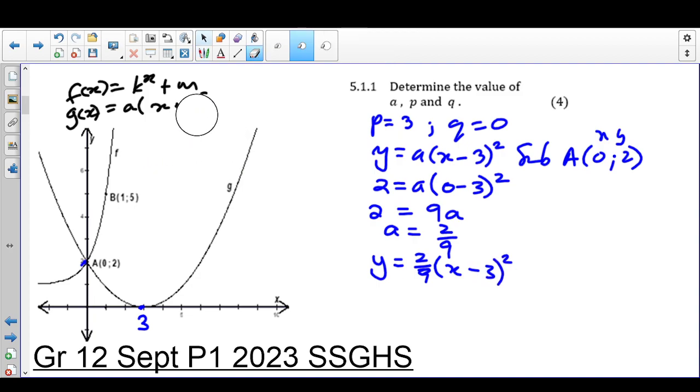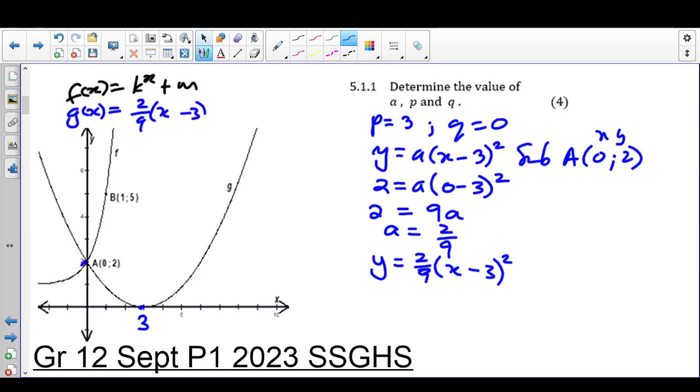I'm going to replace g of x with that equation. I'm going to multiply this out. I'm also going to be getting 2 over 9x squared, then minus 4 over 3x plus 2.